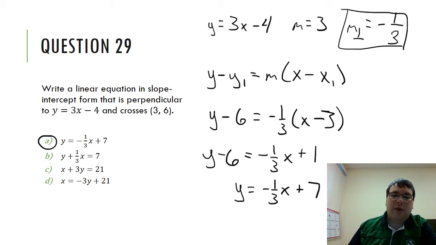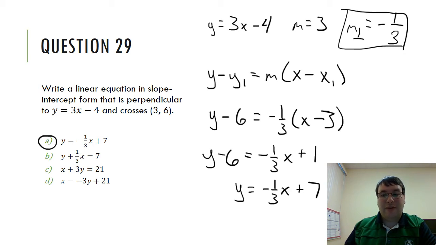Question 29 says, write a linear equation in slope-intercept form that is perpendicular to y equals 3x minus 4 and crosses the point 3, 6. So here's the thing. If we're looking at this problem that they gave us, y equals 3x minus 4, the slope here is 3, right? But I don't want that slope. I want to know what is the perpendicular slope.